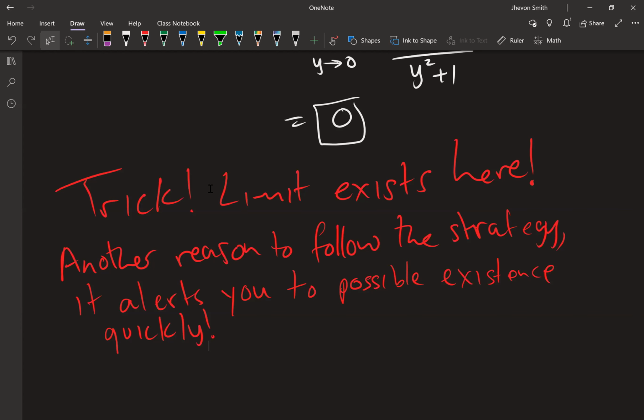You want to be able to know, okay, I know for sure this doesn't exist. Or, I think this might exist, let me try to prove that it exists. So following the strategy is going to get you to one of these decisions very quickly. And I would say, if you're not sure whether you should be proving that it exists or not, I would probably try to show that it does not exist first.